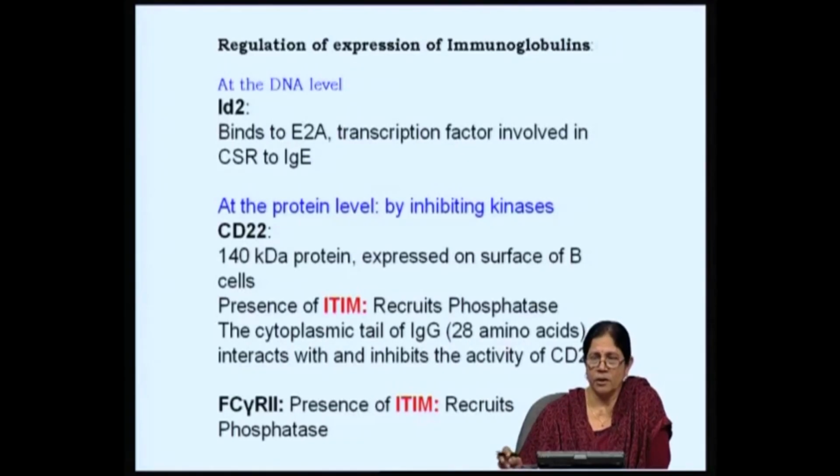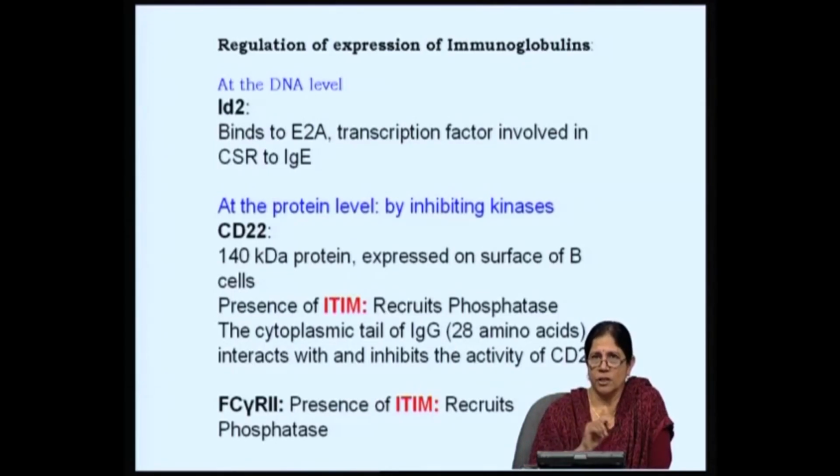However, there need to be some factors which now eradicate these worms, and the immune system is primed to do that. It is the IgE antibodies that actually participate in this.